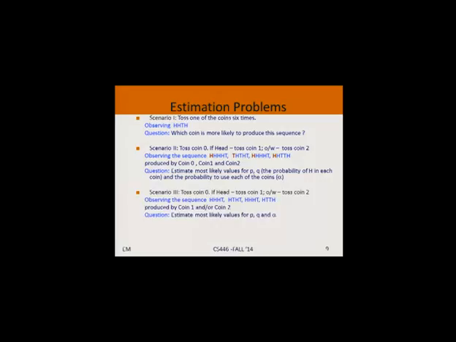Okay, so the interesting scenario then is scenario 3, where I do the same thing, but I do not reveal what was the outcome of the 0-coin toss. So you see a sequence of coin tosses, but you don't know whether it came from the P coin or the Q coin, the first coin or the second coin, and you want to estimate, nevertheless, the parameters, and you also want to estimate alpha.